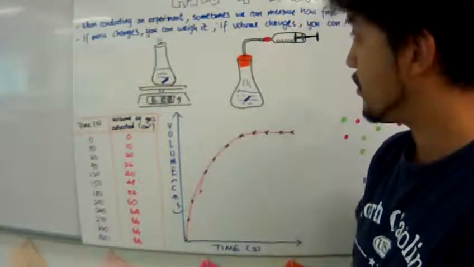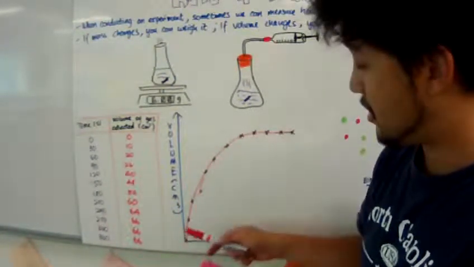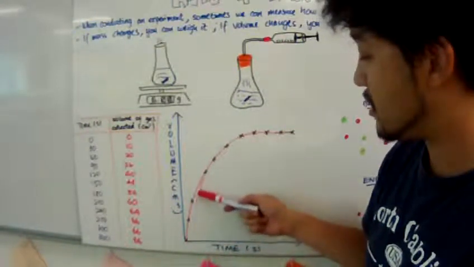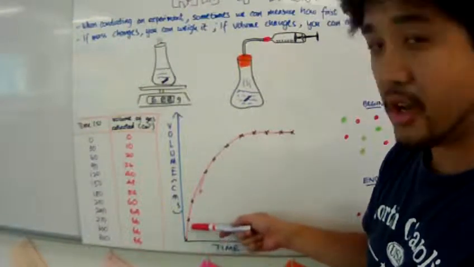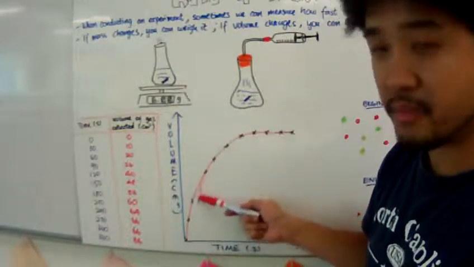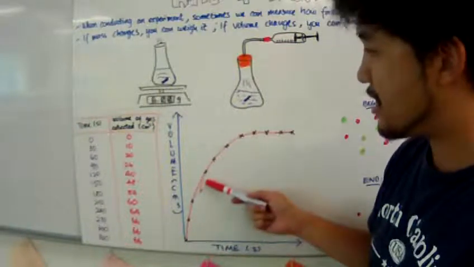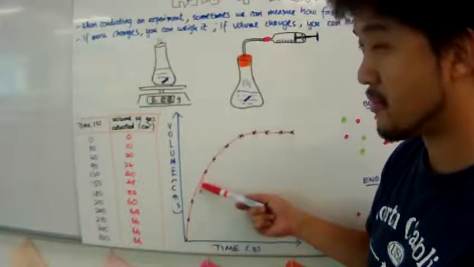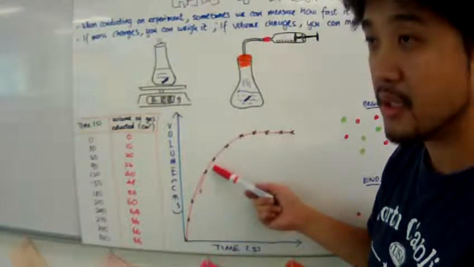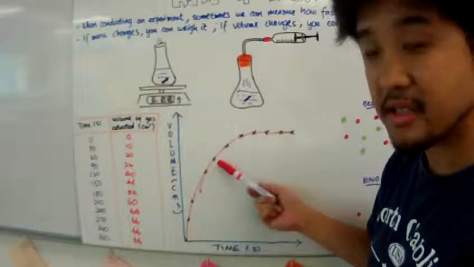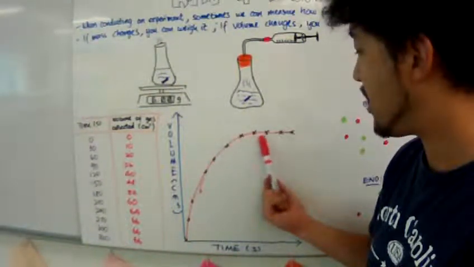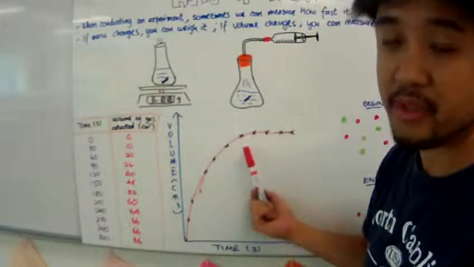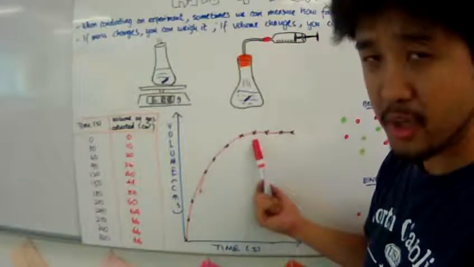This tells us for all reactions, at the very beginning of the reaction, a lot of the reactants will react. And a lot of reactants will turn into products very quickly. And as the reaction continues, what you're going to notice is as less and less reactants become available, the rate of reaction is going to decrease until you reach the end where you do not have any more available reactants, or one of the reactants finished before the other, and so no new products can be made.